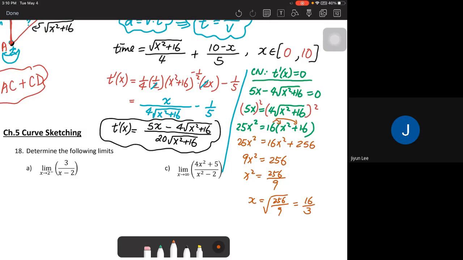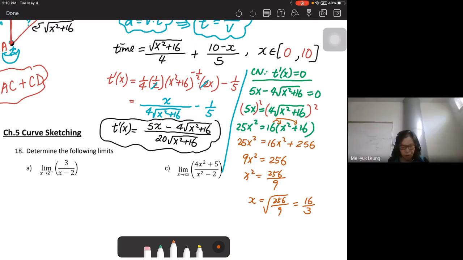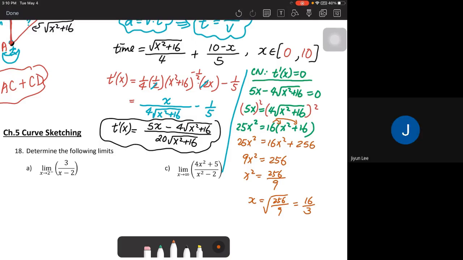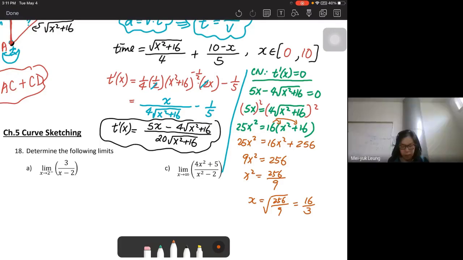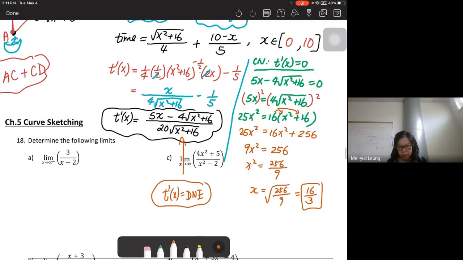I have a question. Yes. When you were getting the critical number for t prime of x, we don't have to care about the denominator? Yeah, no, we still need to look at what if the t prime is undefined. You follow through the definition for the critical number: are we getting any possible critical numbers when the t prime is undefined?